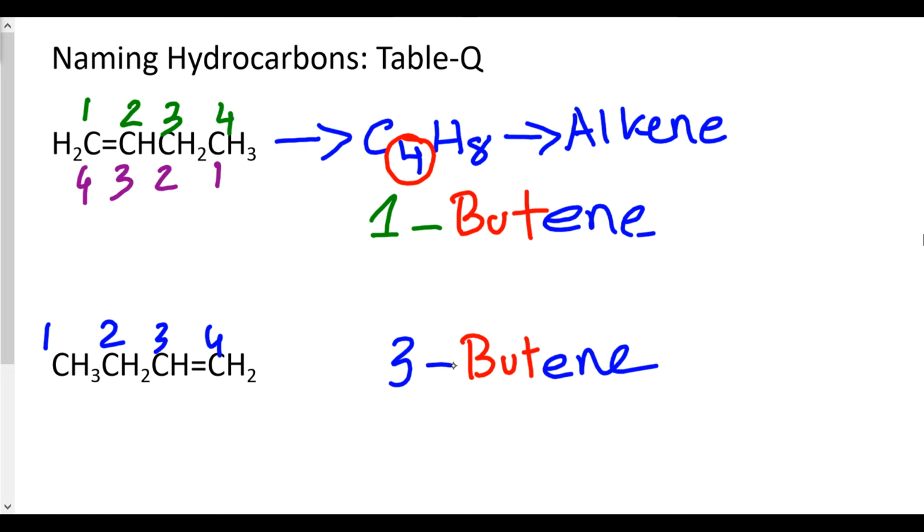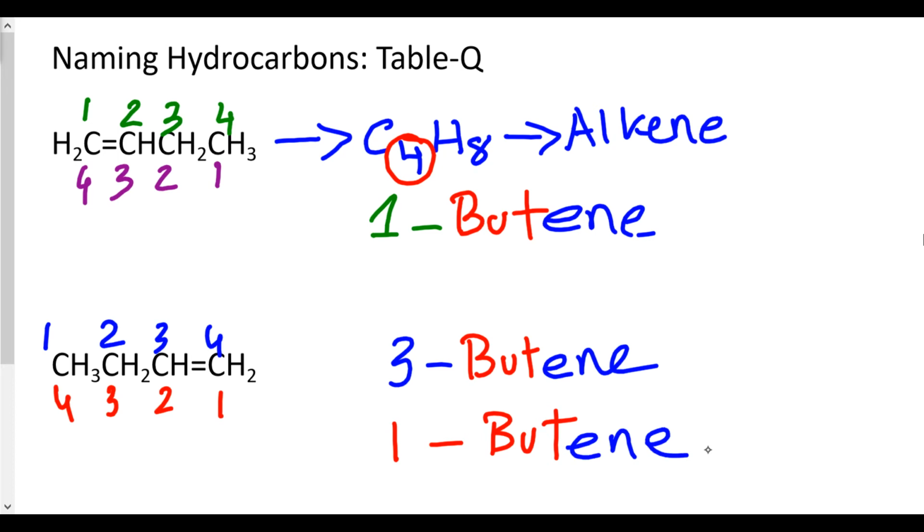But I always need to check by counting it from the other side. So if I count it from right to left, my double bond is in between the first and second carbon, and therefore the name should be 1-butene.